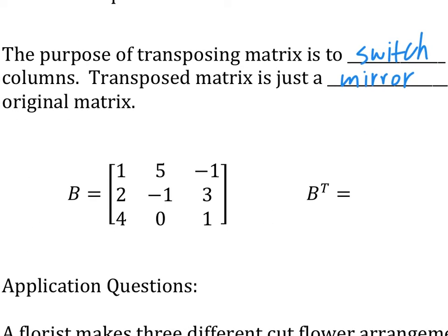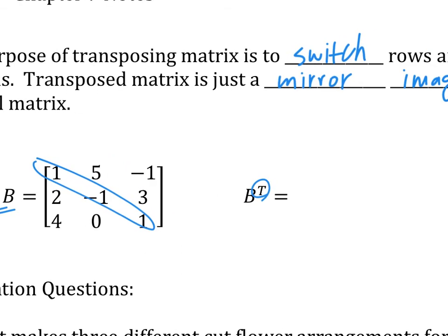And the way we write it, so let's say B matrix looks like this. And if you have this T on the top, that means we're going to transpose it. So what you're going to do is think of this diagonal as if it's a mirror, and you're going to take the numbers and then flip it across the mirror. Okay, so the mirror does not change. So 1, -1, 1. And then the two sides of the mirror change, they swap. So 2 and 5 are opposite of the mirror, so they swap. And then 5 comes here, and then 2 goes up there.